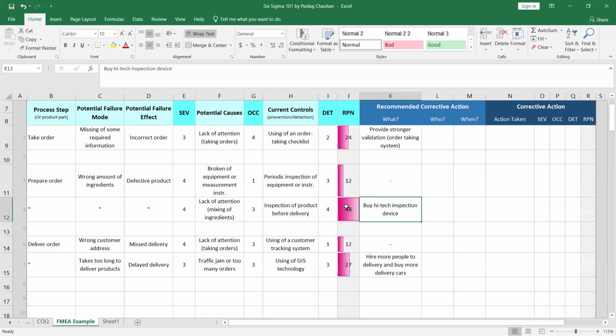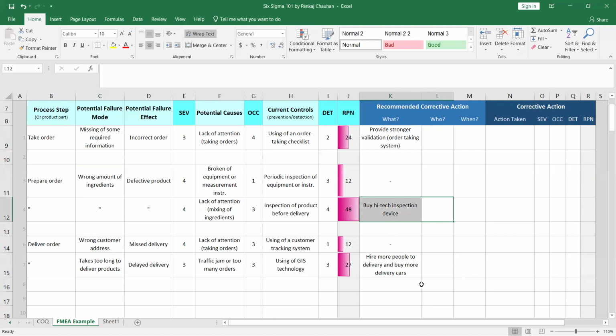Here you will see 48 is the highest risk priority number, and that is at the step of preparing the pizza. The failure mode is wrong amount of ingredients. To avoid it, we are proposing a high-tech inspection device.